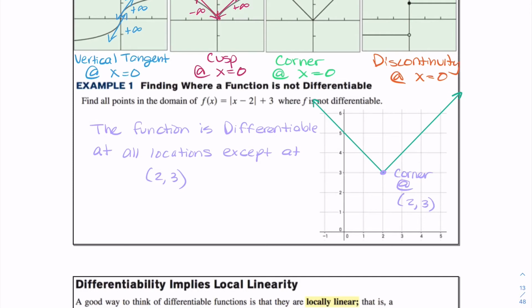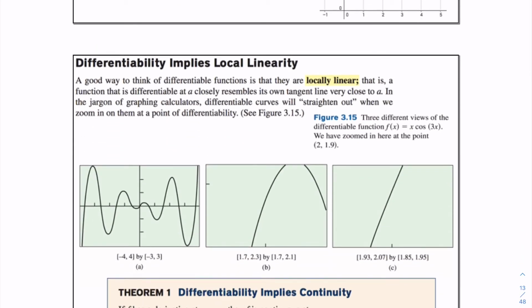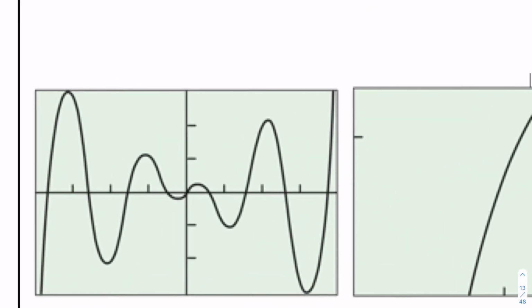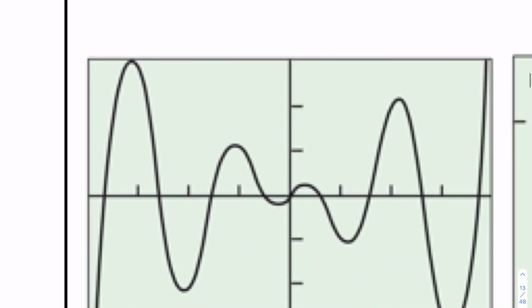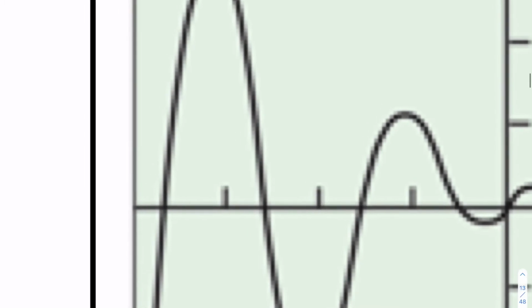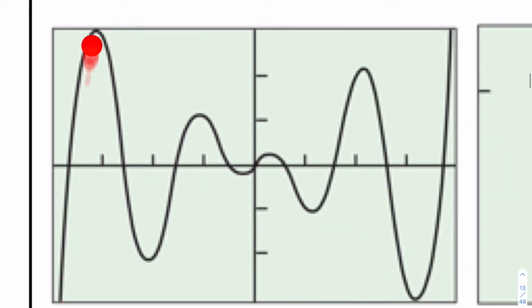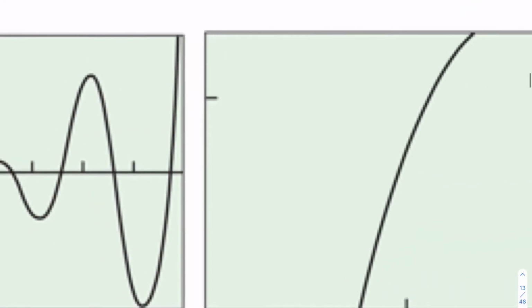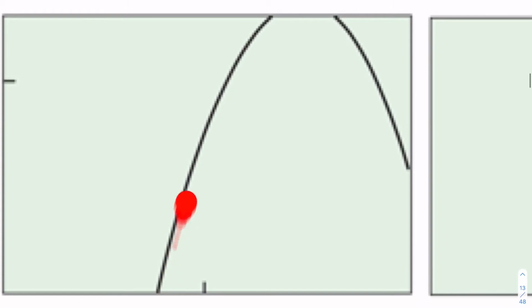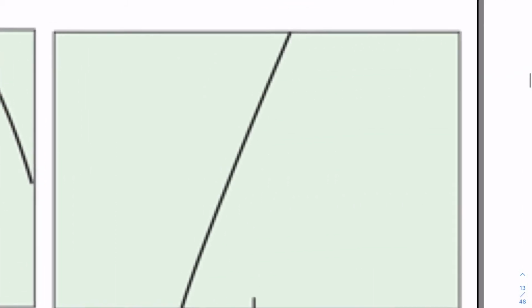Okay. Local linearity pretty much just says if you zoom in enough to something, it looks like a line. This function has a lot going on here, right? And it's kind of pretty crazy. But if you zoom in, you start to get less curvature. And if you zoom in enough, this thing pretty much looks like a line.